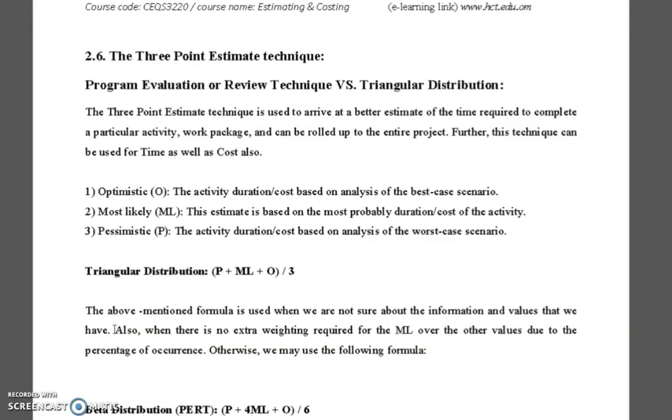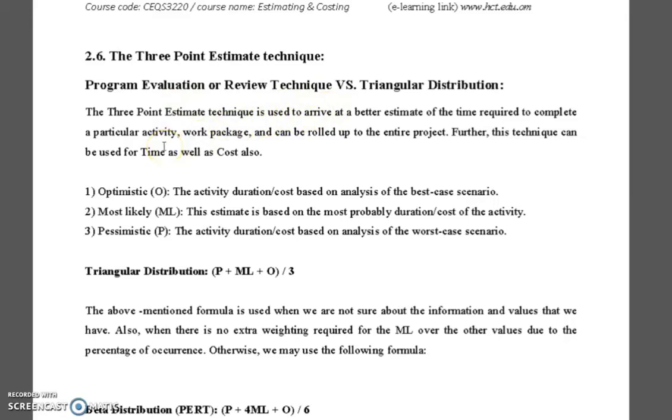Today we're going to discuss the 3-point estimate technique, which is also called the PERT technique, program evaluation and review technique. This is the PERT, versus triangular distribution.